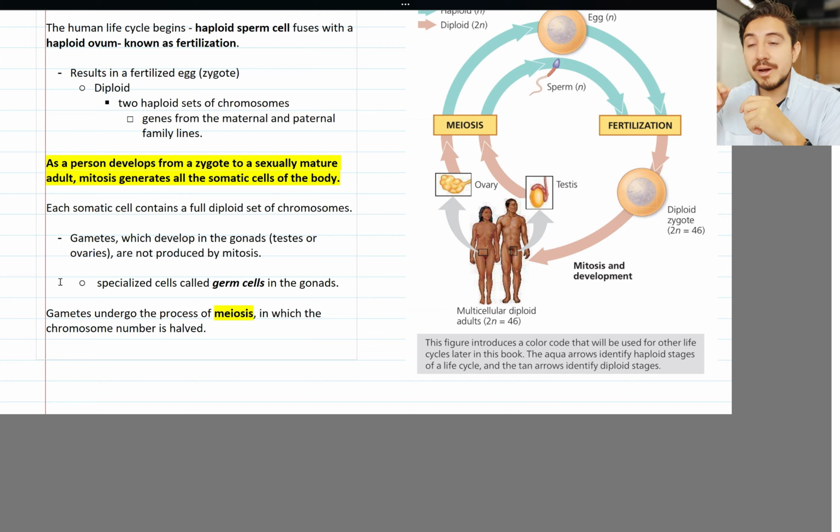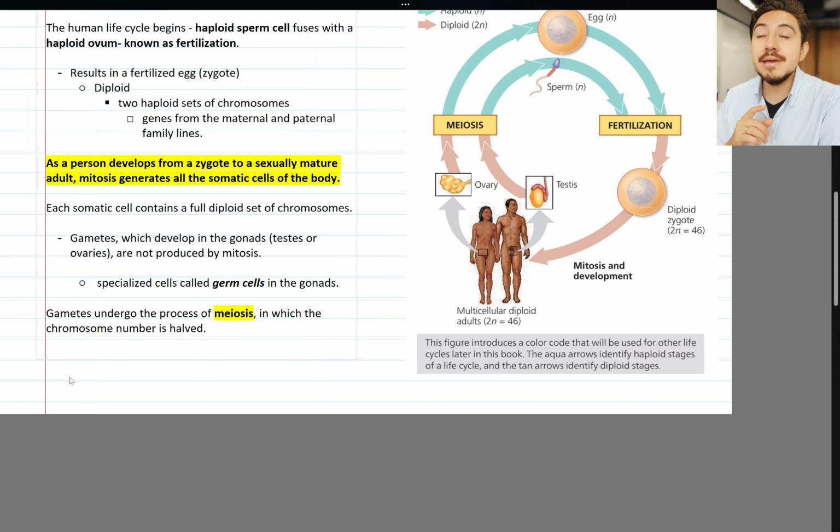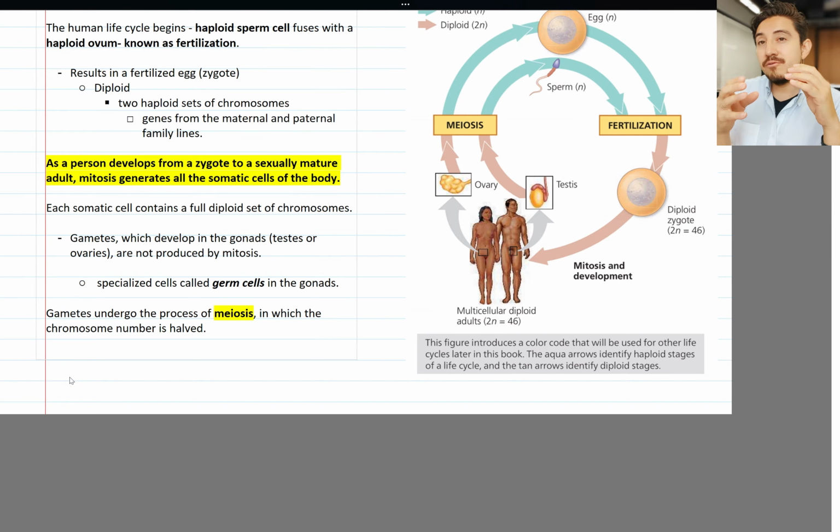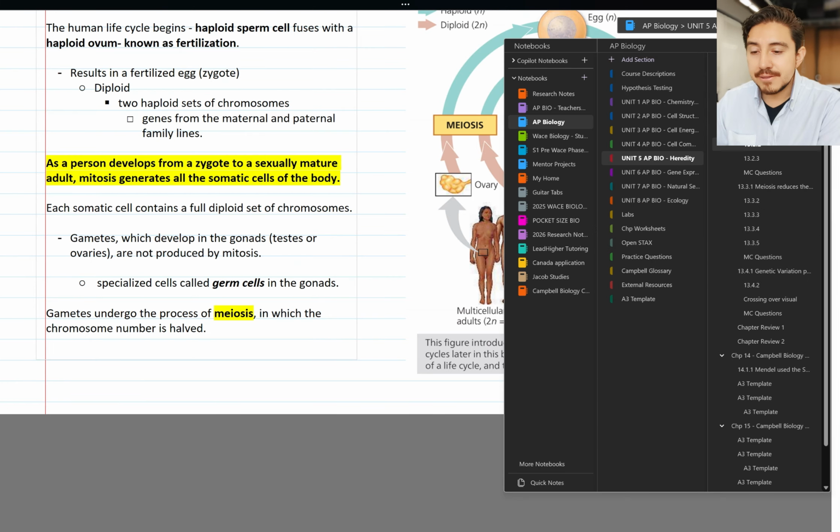They come from specialized cells called germ cells that are in the gonad. These germ cells will undergo a new process that we know as meiosis. Meiosis will take these germ cells, which are diploid, and divide them to produce daughter cells that are haploid. That is the whole process of meiosis, which we're going to see in the later sections here.